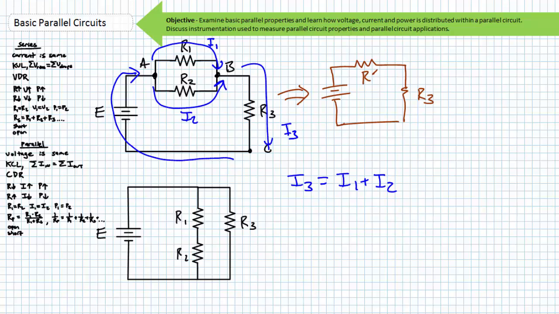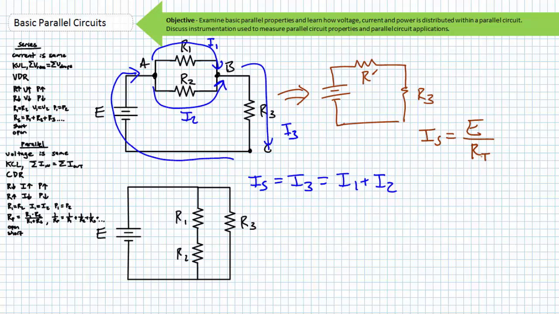Additionally, it can be stated that I3, the current through R3, is also our source current, IS, and this source current is proportional to the supply voltage E and inversely proportional to the total resistance via Ohm's law. IS equals E divided by RT.